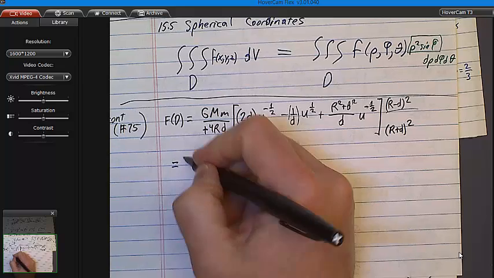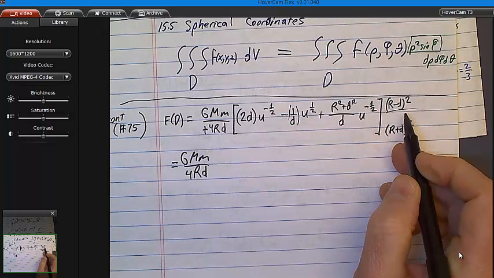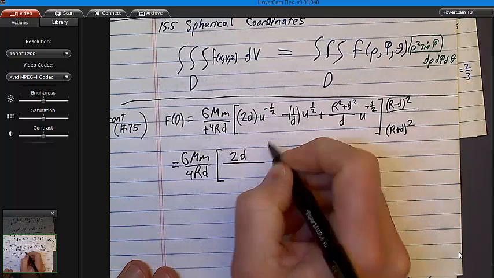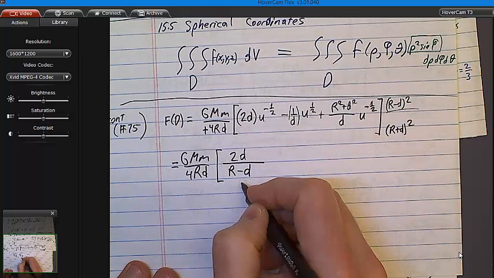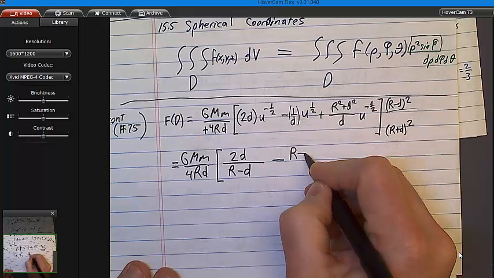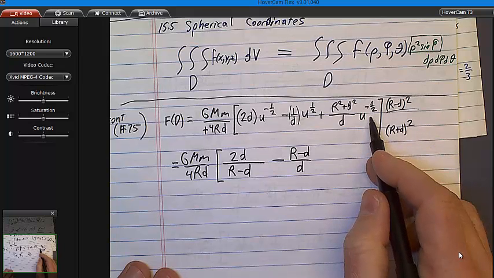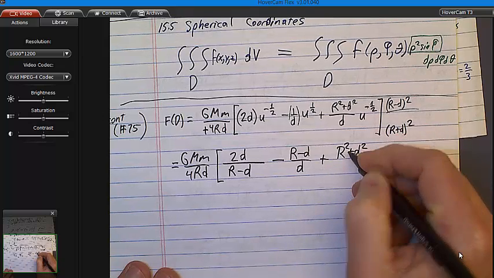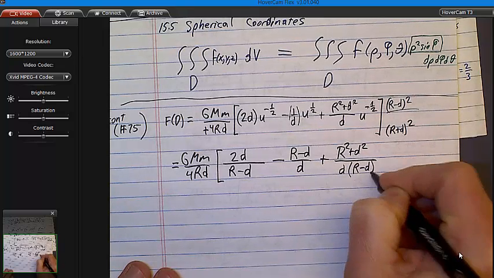I get G big M little m over 4RD times 2D over, now I'm taking the square root of that stuff, so it just becomes R minus D. Here I have minus R minus D over D. And here, when I throw the R minus D squared in, it ends up on the bottom, so you have plus R squared plus D squared over D times R minus D. Okay.